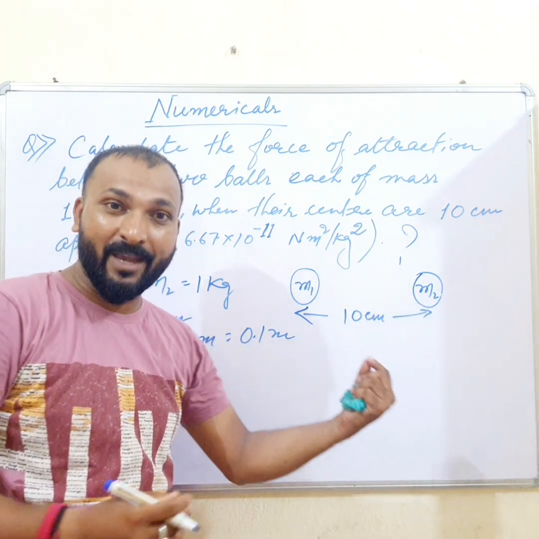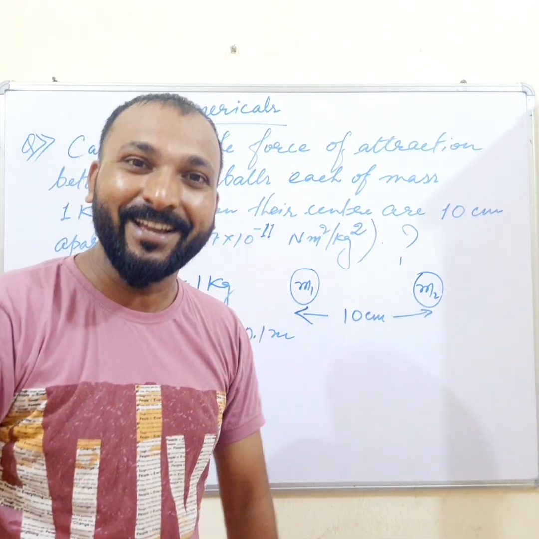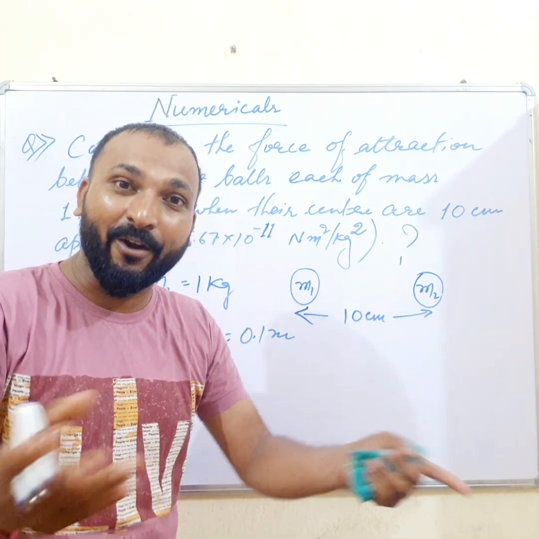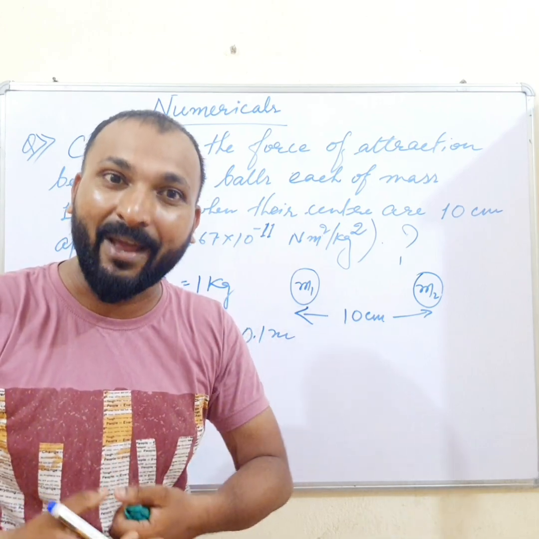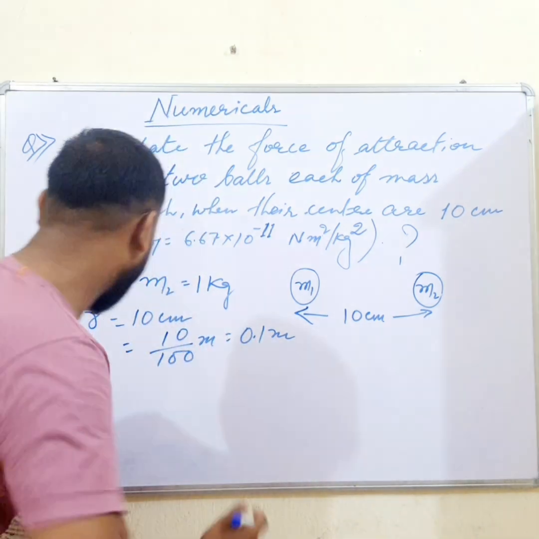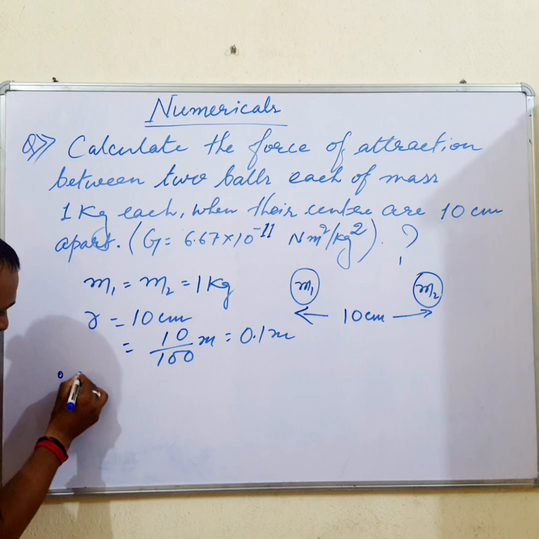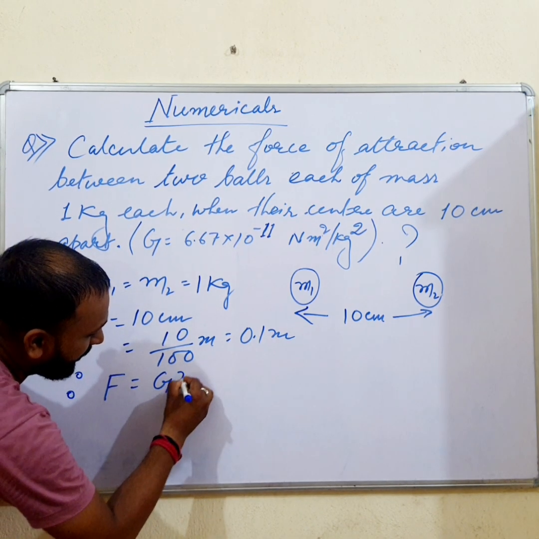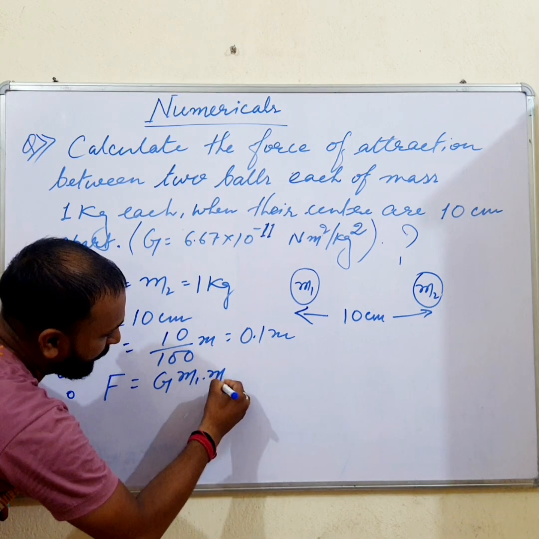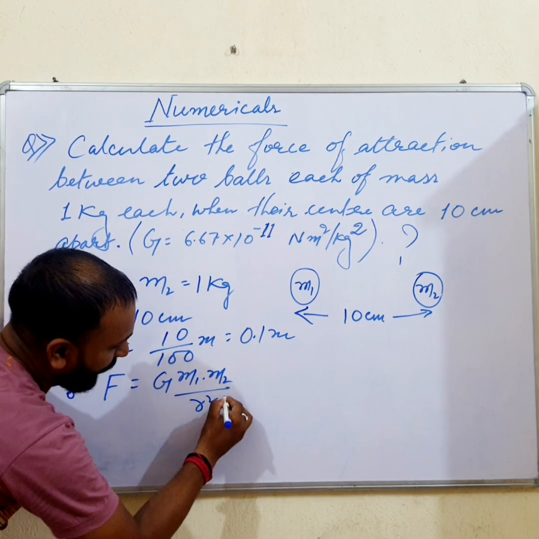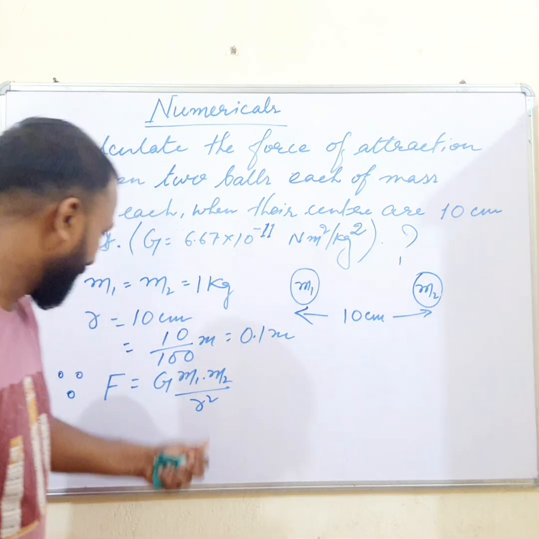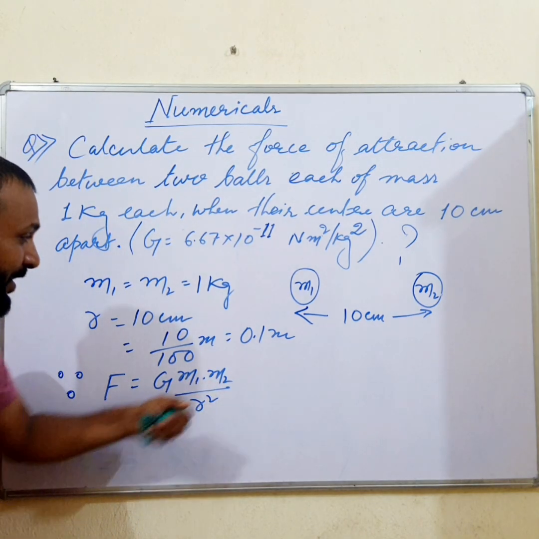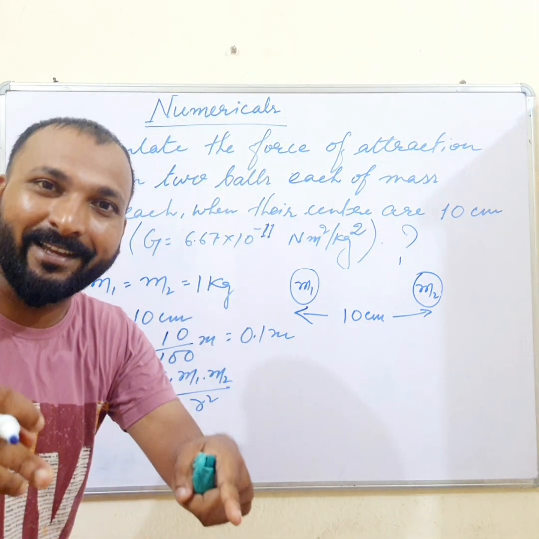Now we are going to find the force of attraction between the two bodies. According to Newton's law of gravitation, we know that force of attraction F is equal to G m1 m2 upon r square. Children, we have to put all the values into this formula.